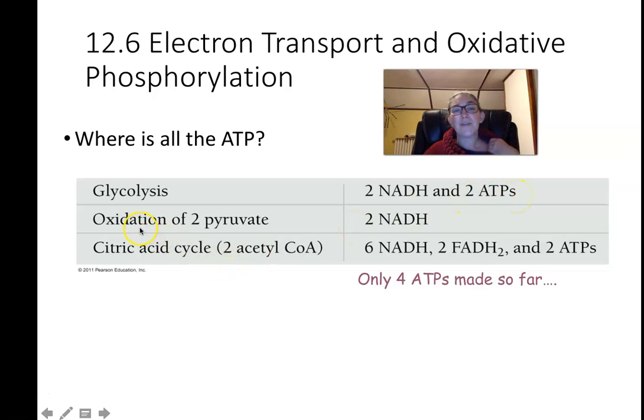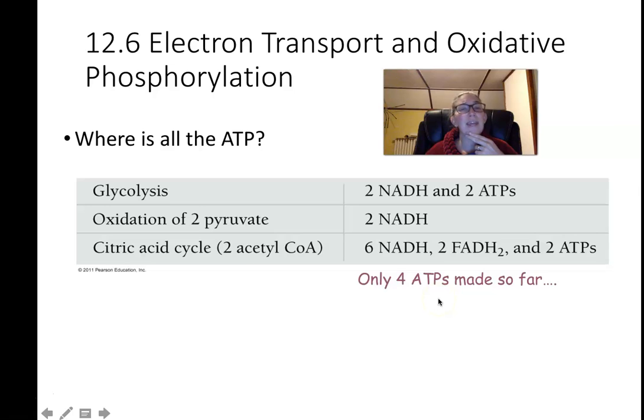And then we're assuming it's aerobic metabolism, so we oxidize 2 pyruvates into acetyl-CoAs. We don't make any ATP in that step. And then the citric acid cycle, we do 2 loops of that, and we only generate 2 ATPs. So that's only 4 ATPs that we've made, but we've made all this NADH and some FADH2 too.